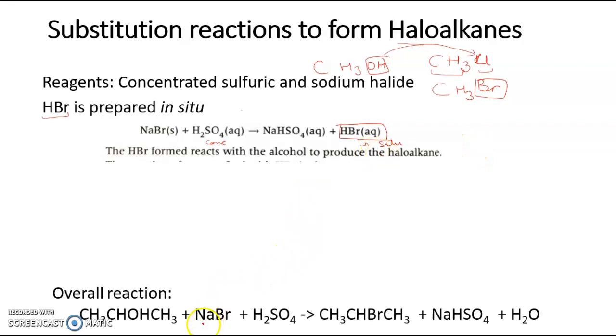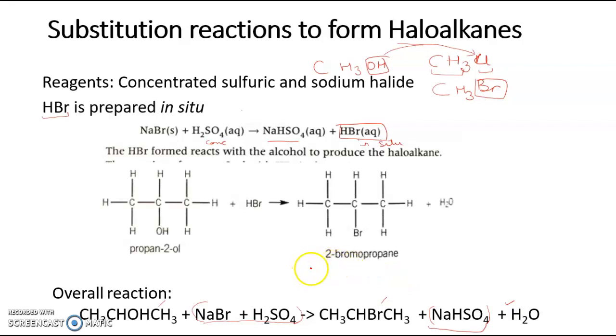When you write down the overall reaction, you would show NaBr plus H2SO4 in the reactants, and you've got NaHSO4 being produced here. So far we've looked into that set of reactants and that set of products. Now let us see where we get the remainder of that equation. So that would take us to the next equation. This reaction happens in two steps.